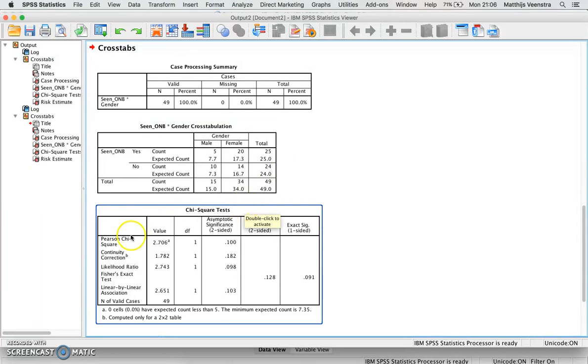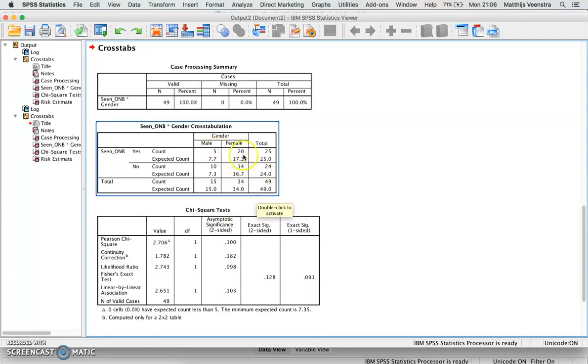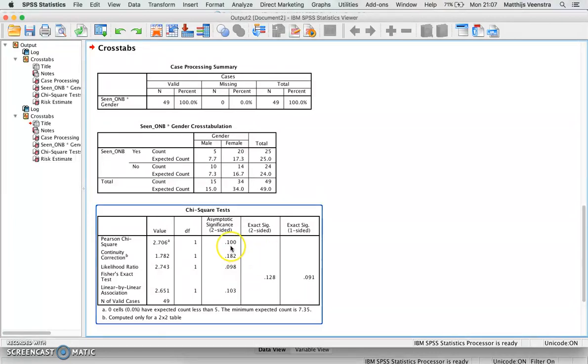Okay, basically we can see that over here. This is the p-value for this particular data set. Now what you can see here is that the chance that we would find this data, so 5, 20, 10, 14 in all of these cells, if in reality gender didn't make a difference on whether you've seen Orange is the New Black or not, is actually 10%.